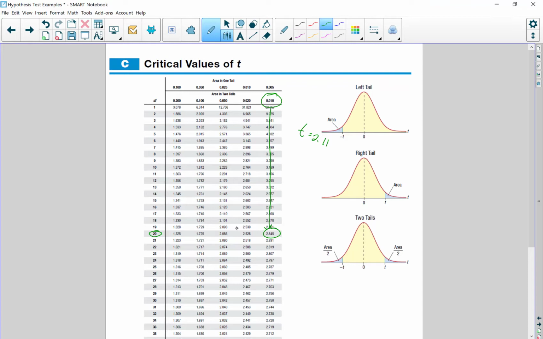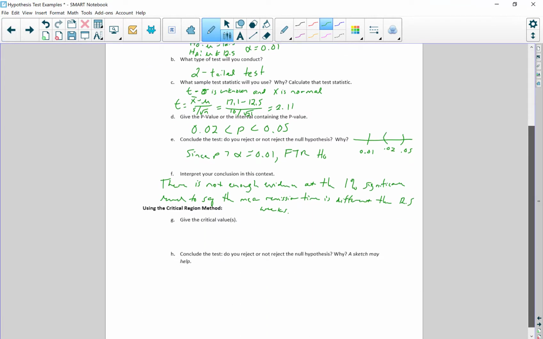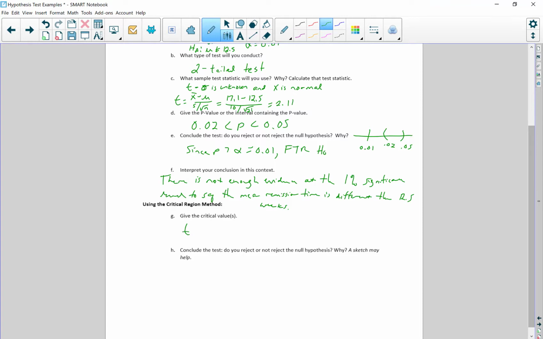So our critical value of t in this case is 2.845. Because we're doing a two-tailed test, it's going to be the positive and negative values. If it was a right-tailed test, it would just be positive. If it was a left-tailed test, it would just be negative.